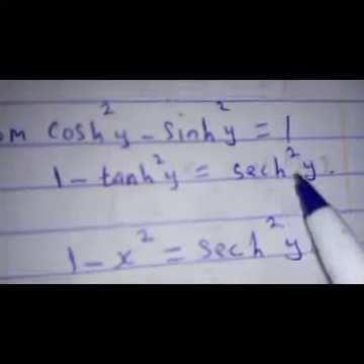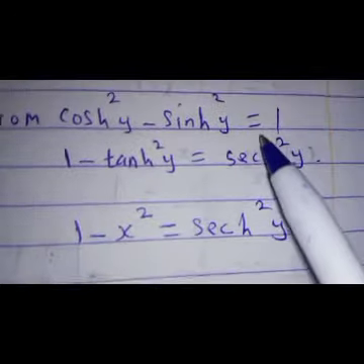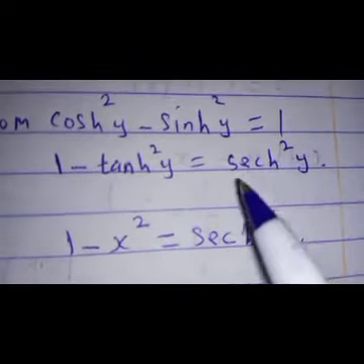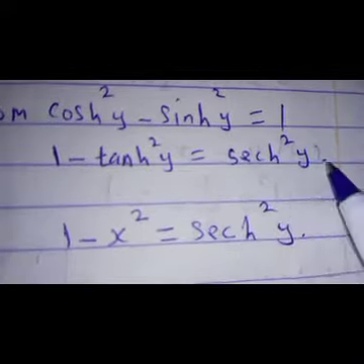Here 1 over hyperbolic cos squared y is the same as hyperbolic sec squared y.